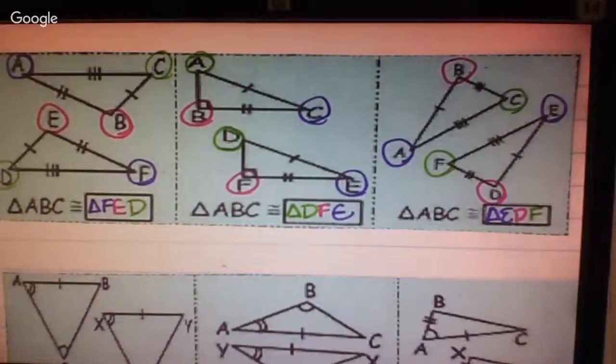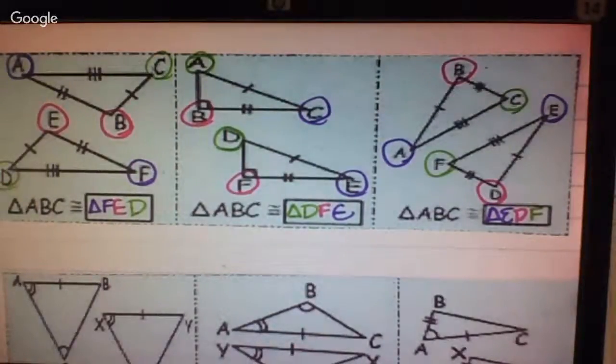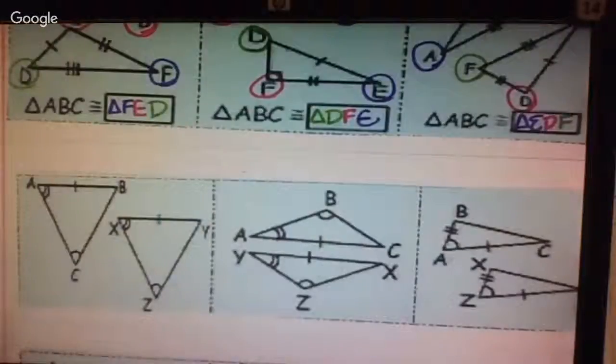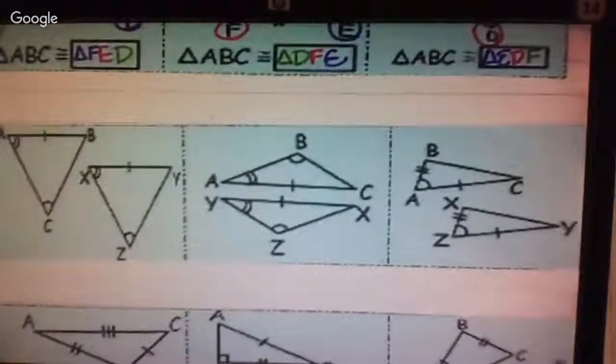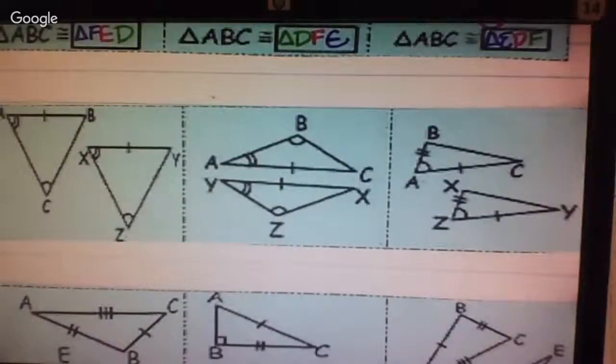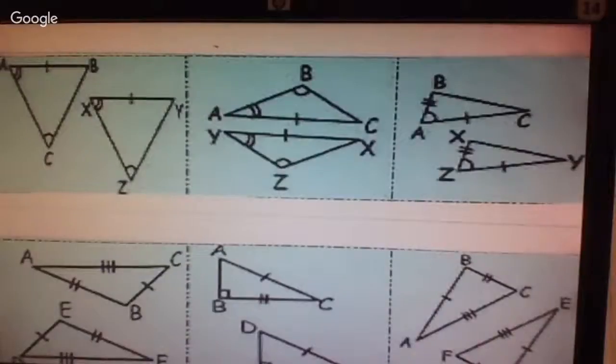Okay. So I'm going to give you probably about 10 minutes. It really shouldn't even take you 10. I want you to try to come up with your own congruent statements for the last 9. If you notice, one set of them looks identical to what we did up top. Don't label it triangle ABC then, okay? Don't make it match.